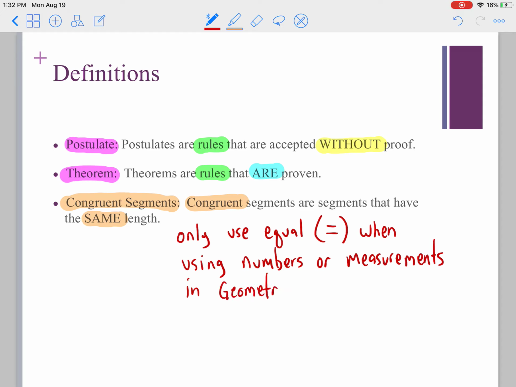Okay? So with geometry, we only use equal when using numbers or measurements. We use the term congruent to refer to the actual diagrams of the segments themselves that have the same length.